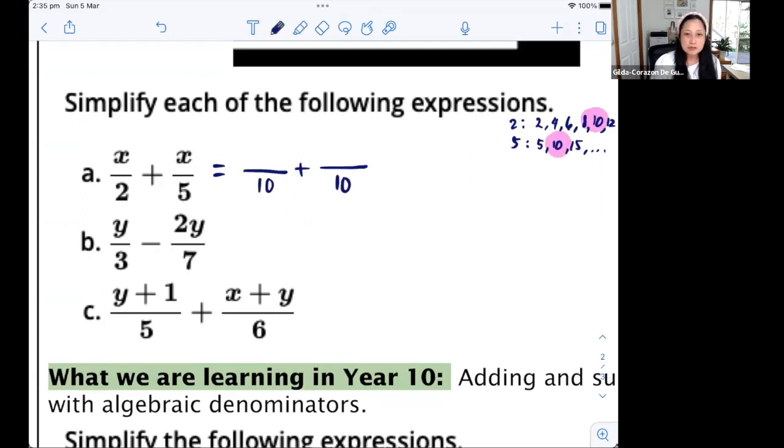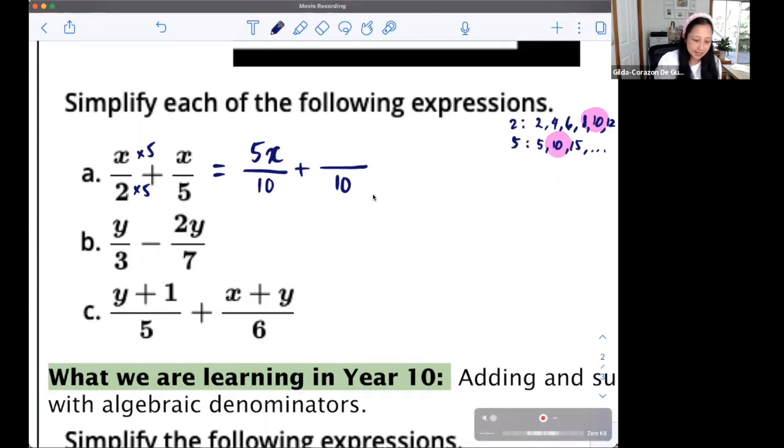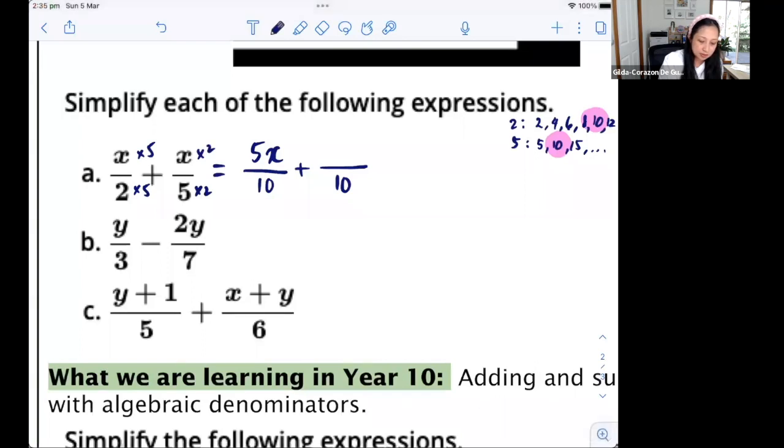So now we want to rename that fraction so that the denominator is 10. What did we multiply to 2 to get 10? That's 5, and therefore we multiply the top by 5, we get 5x, right? What did we multiply to 5 to get 10? That's 2, and therefore we multiply the top by 2 as well, we get 2x. 5x plus 2x, you get 7x over 10.